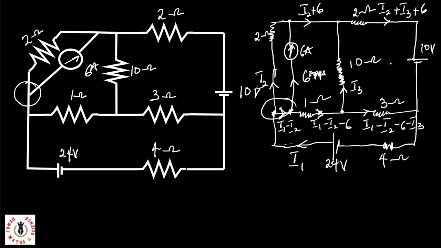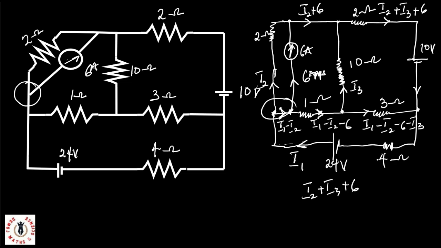Now, both of these currents flow towards this node. Now look at it this way. Remember we have I1 here. I hope that is where we started from. Now at this node here, we will have this current flowing down here. I want to just analyze it here. I'll have I2 plus I3 plus 6 flowing down this way.